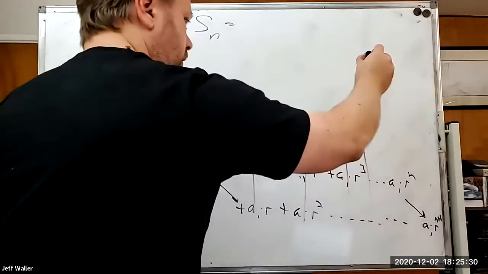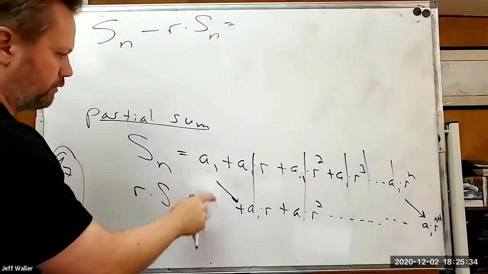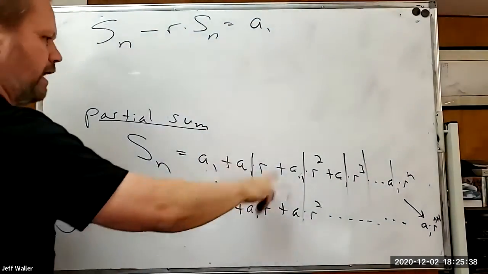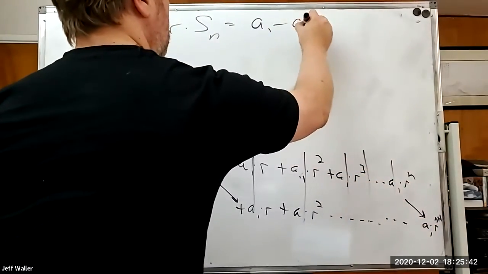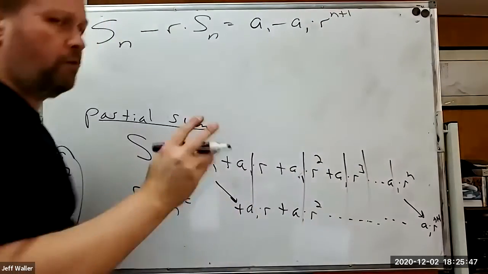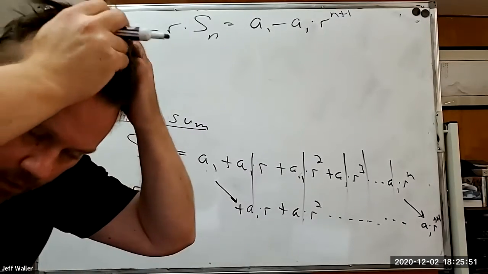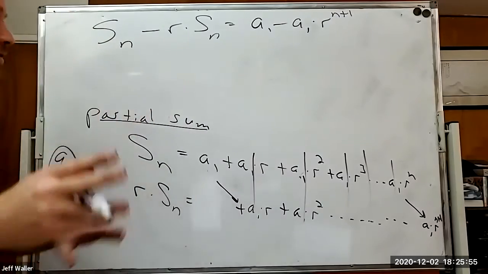That dies. So what do I get? I get A1, minus A1 times R to the n plus 1. Stay with me. There's a point to this. You're all like, where's this guy going with this? Oh, the end is so close. The semester is almost done.